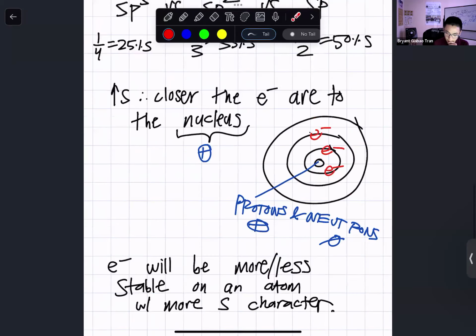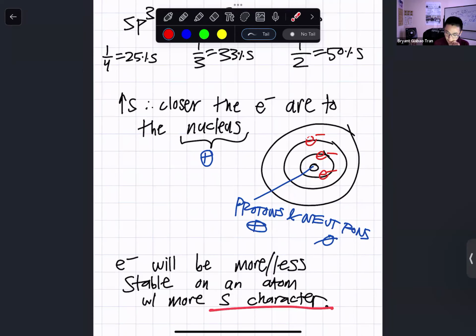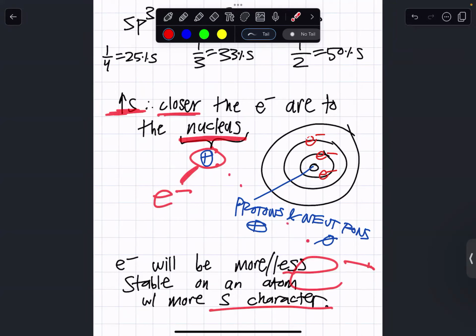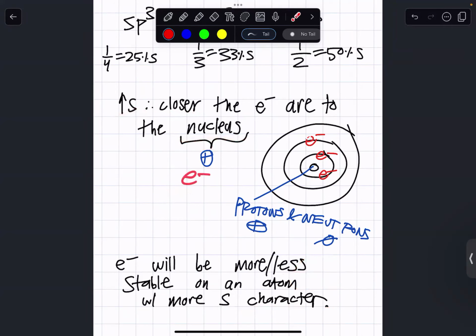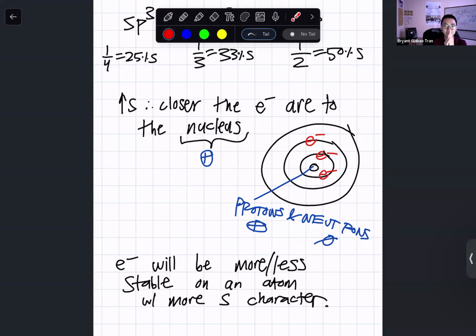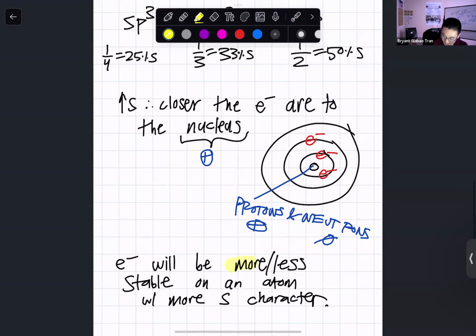So if an atom has more s character, it means that the electrons are closer to the nucleus. If it's closer to the nucleus, which is positively charged, would electrons want to be close to the positive charge, or do they want to be far away? Oh, sorry, they'll be good. Yeah, it would be good because opposite charges attract, right? Negative charge and positive charge attract, so they want to be close to each other. That means that electrons will be more stable on an atom with more s character, right?